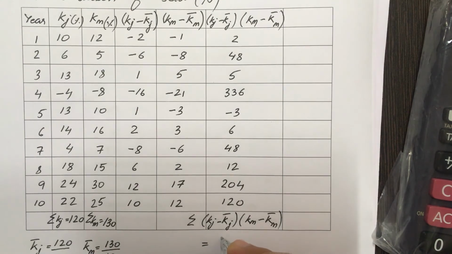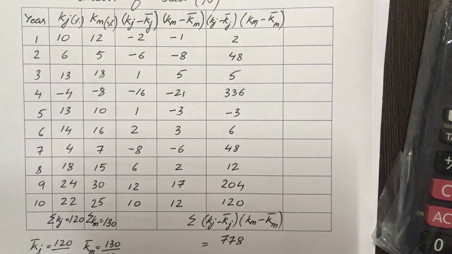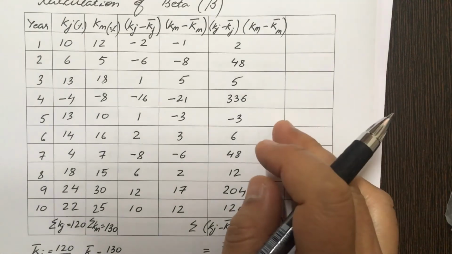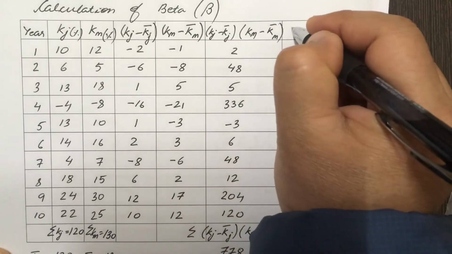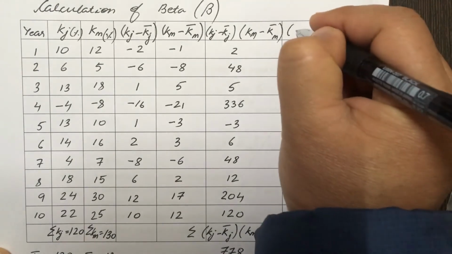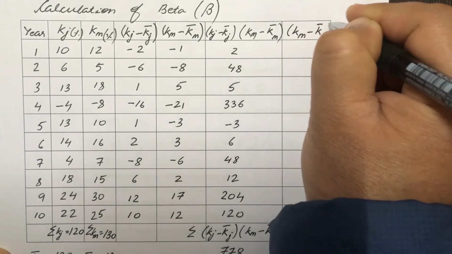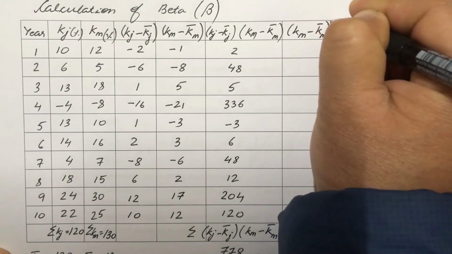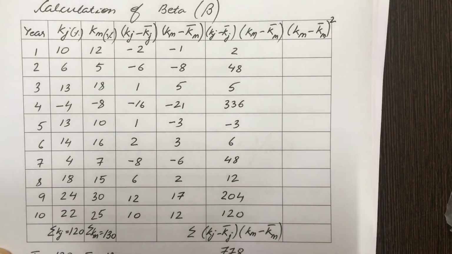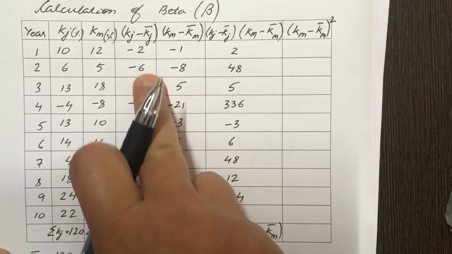So the summation, the total is 778. All right. Next is find out, the square of km minus k bar m. Find out the square. All right. So how do you find out the square?